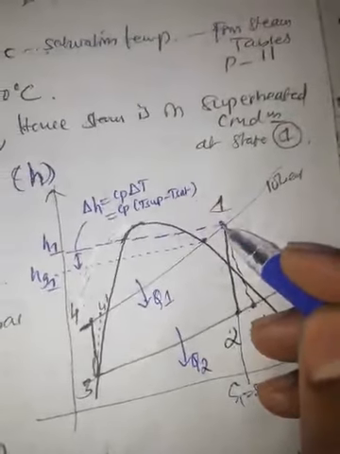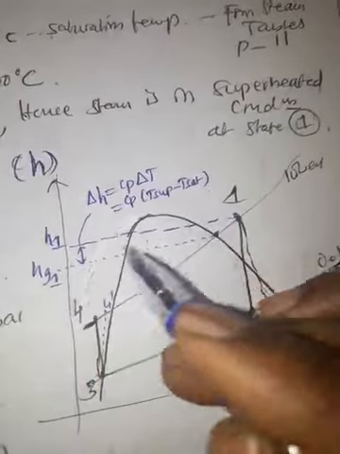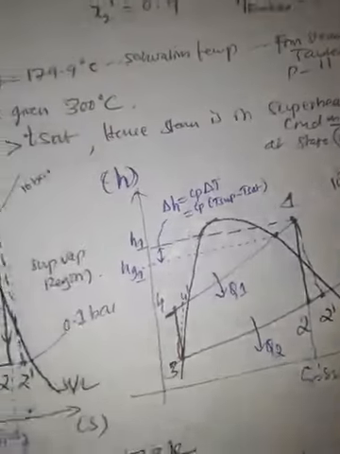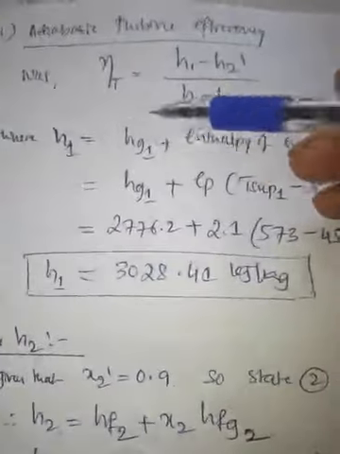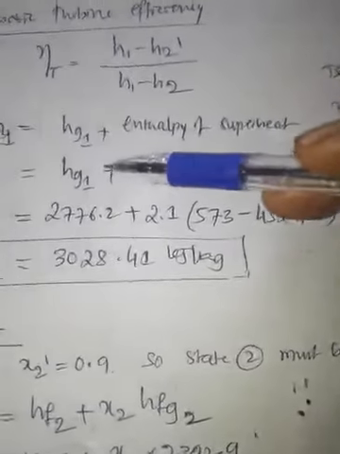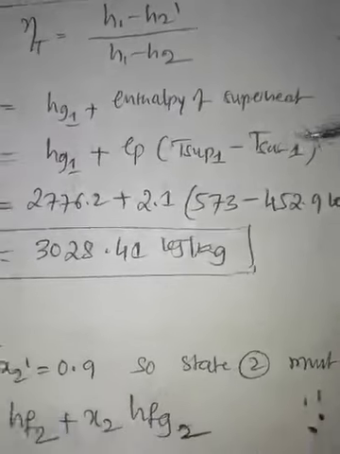So let us determine the value of H1, that is enthalpy at state 1. State 1 is in superheated condition. So H1 will be what? H1 will be Hg1 plus delta H, that is Hg1 plus Cp into delta T. So I have written the same. H1 is equal to Hg1 plus enthalpy of superheat, that is Hg1 plus Cp into T superheat minus T saturated at 1.